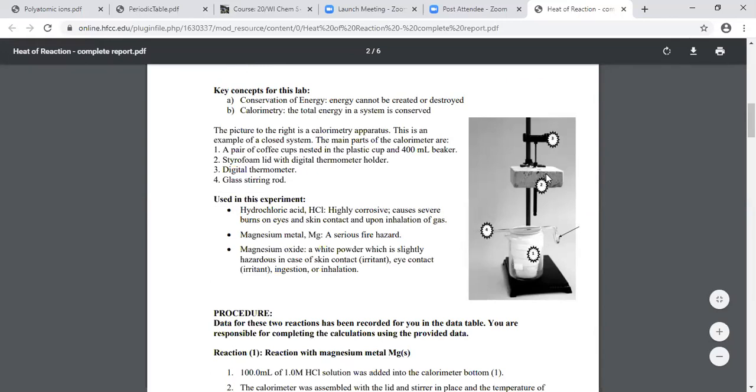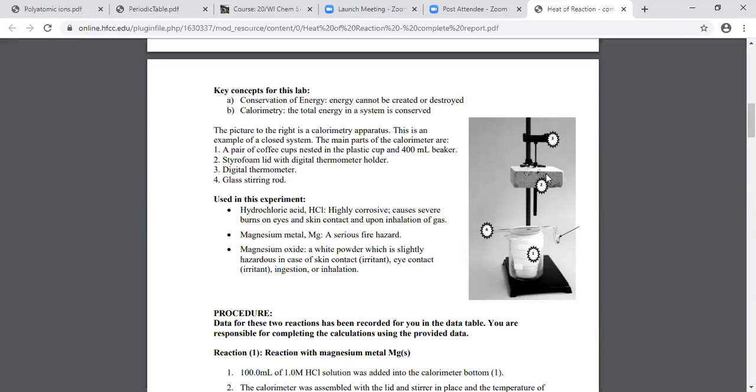This is like a thick foam, almost like a heavy styrofoam, and it's got a cutout in it that matches the shape of the top of the beaker. There's a black thermometer holder, and that's for us to put the thermometer in, allowing it to go down into the calorimeter bottom.